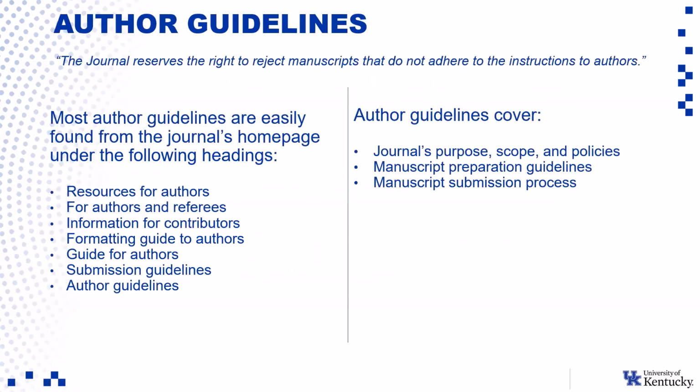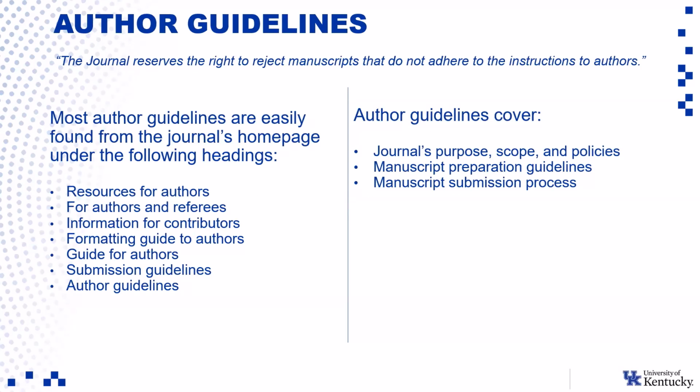So next up, we want to familiarize ourselves with the article types published by journals and any specific guidelines. So each journal provides author instructions or submission guidelines. These guidelines cover the journal's purpose, scope, and the types of articles a journal publishes, any page restrictions, the number of figures and tables allowed, and any other requirements that you need to keep in mind.